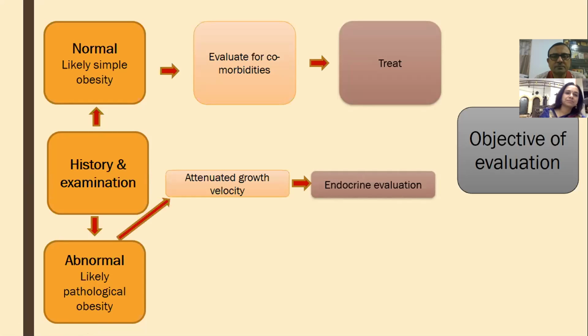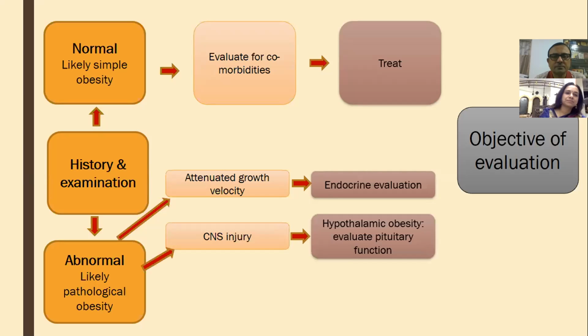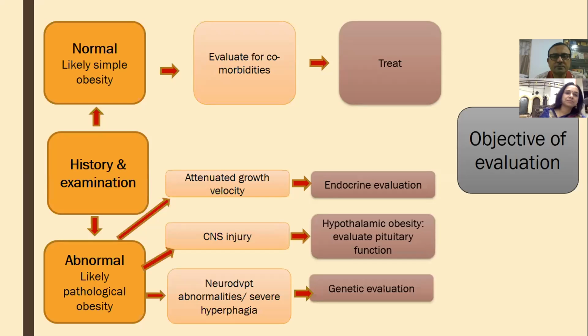But if along with obesity the growth velocity is reduced, that means over time the growth line is crossing centiles downwards, such a child needs endocrine evaluation. If there is a history of CNS injury earlier, think of hypothalamic obesity and pituitary function needs to be evaluated. And if there are neurodevelopmental abnormalities or a history of severe hyperphagia, such a child requires genetic evaluation. So this is the objective of our initial evaluation.